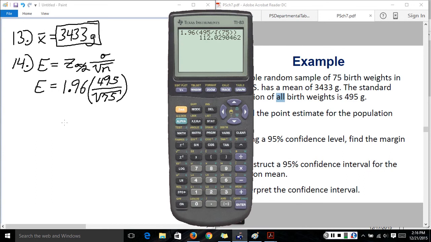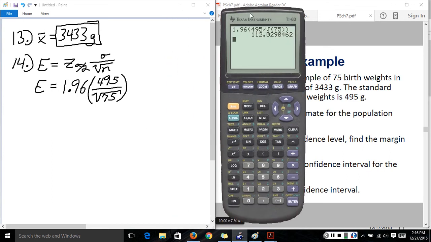And I get my margin of error as 112 point, well, we'll round this one to 2 decimal places, 0.03. That's my margin of error.